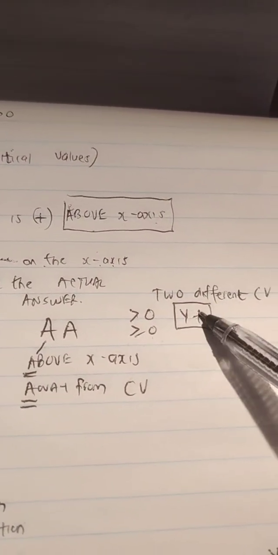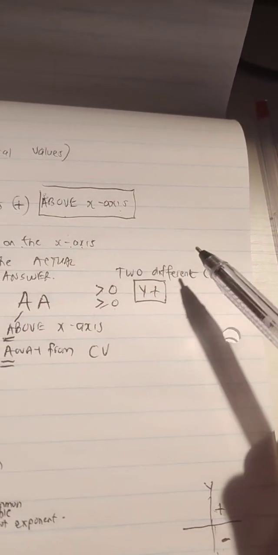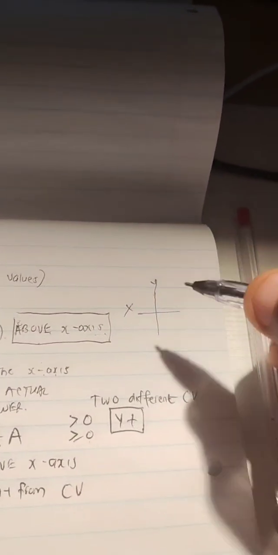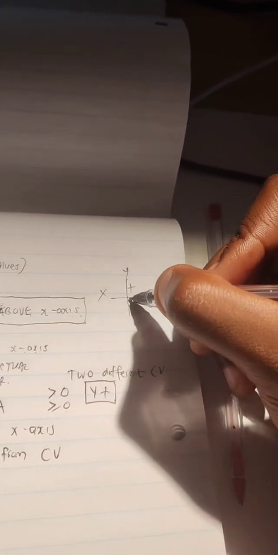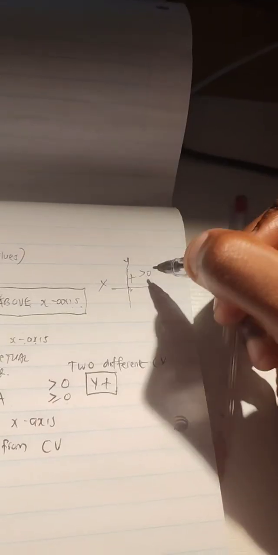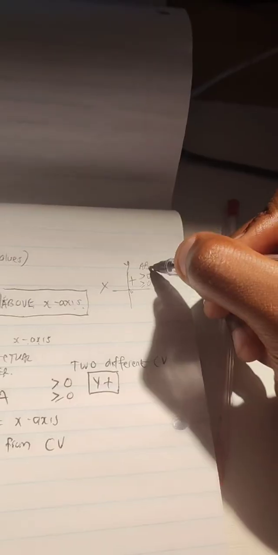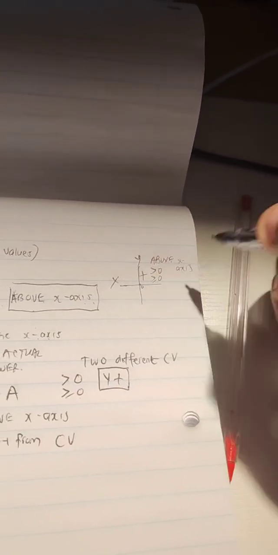So we are asking ourselves, where is y positive? Y is positive above the x-axis. If you look at the Cartesian plane, guys, y-axis, x-axis, your y values are positive from here to there. Here they are neutral, it's 0, but your y is positive. So greater than 0 or greater than or equal to 0 means above your x-axis.